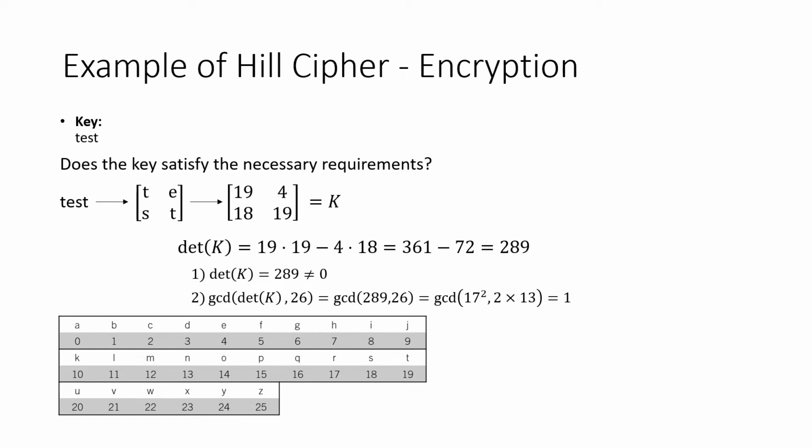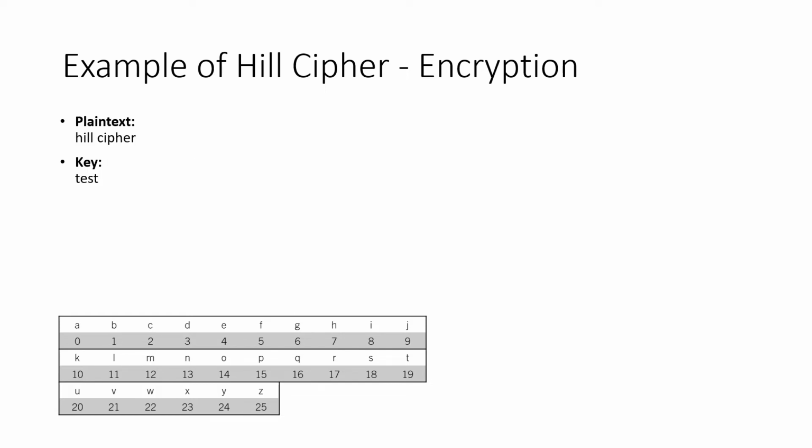It may not be obvious at first glance, but 289 is 17 squared. And we know 17 doesn't cause any conflict with the numbers 2 and 13, so we can be sure that their GCD is equal to 1. So at this point, we are back to our initial setup with the difference that now we know that our key is a permissible key in Hill Cipher.